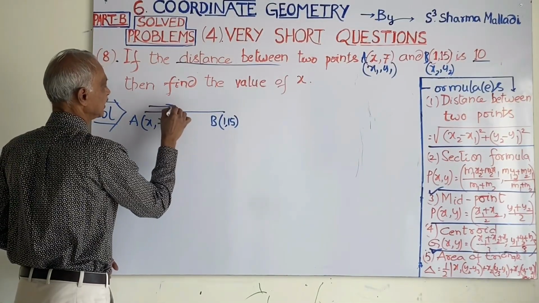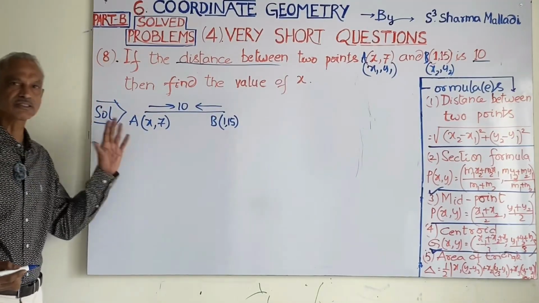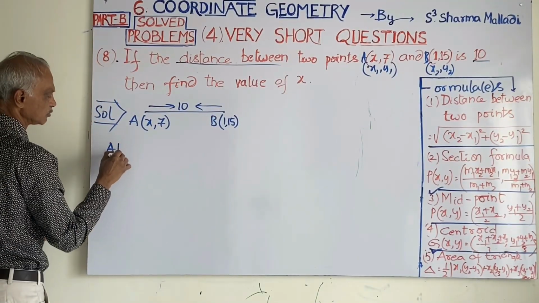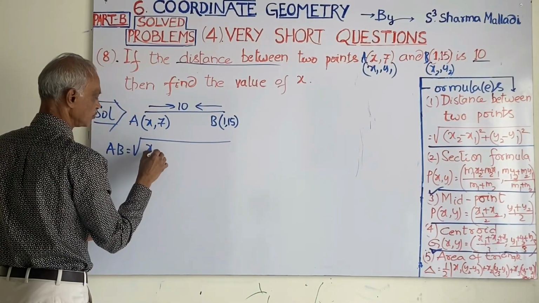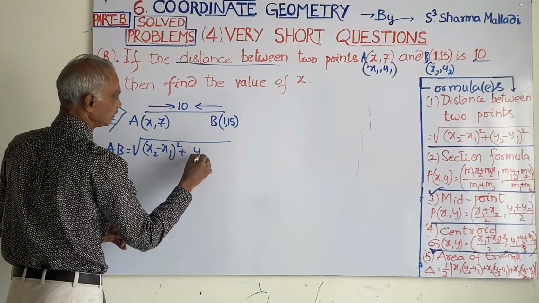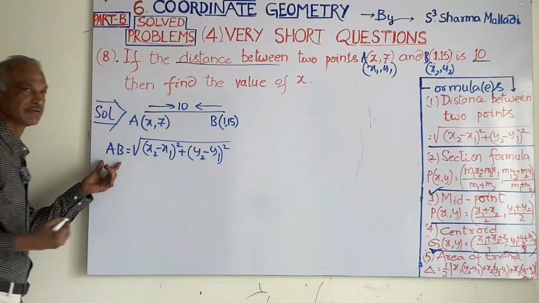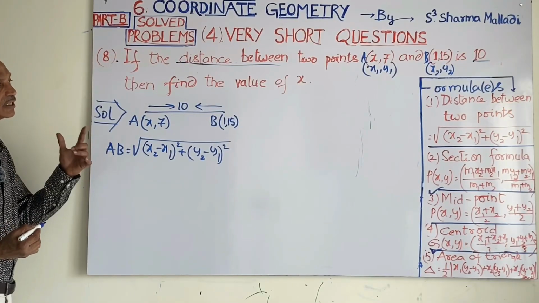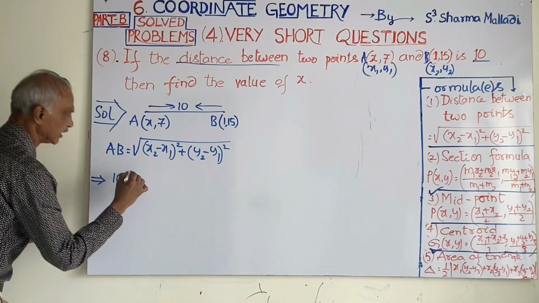That is 10. Distance between 2 points A and B is 10 units. AB is equal to root of x2 minus x1 whole square plus y2 minus y1 whole square. He has given the distance between 2 points A and B, that is 10. This is equal to 10.